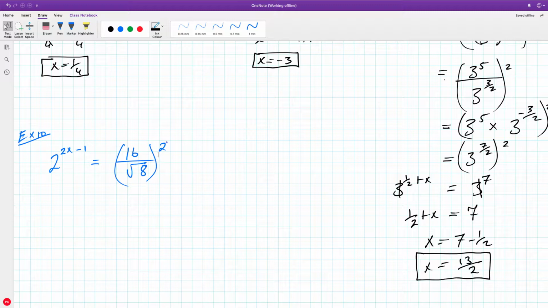So why don't we change everything in base? Everything is base 2.